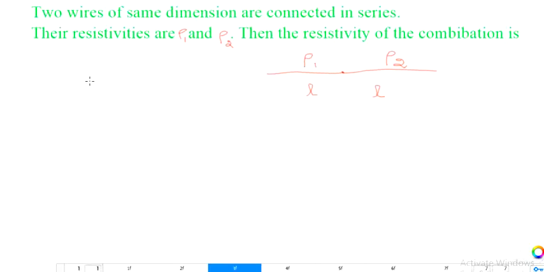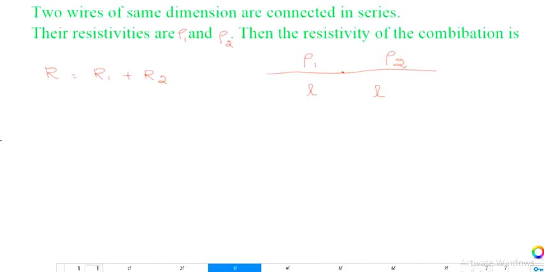Now, what is the formula for this? The resistances are connected in series. Therefore, R equals R1 plus R2, because both are connected in series. Already you know this formula. Now, for R, you can put the formula related to specific resistance and length.